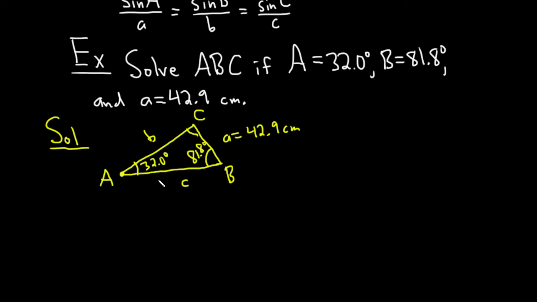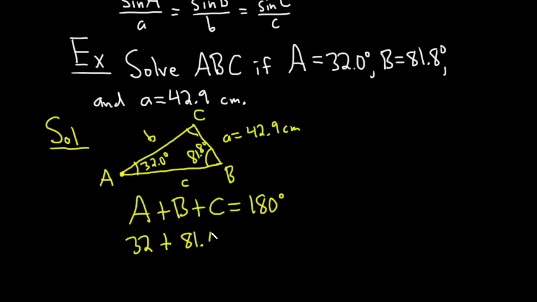So we know that A plus B plus C is 180. So let's do that first. A plus B plus C is equal to 180 degrees. That's true for triangles. So A is 32. I'm going to omit the degree symbol for now. Plus B is 81.8. Plus C, and that's equal to 180.